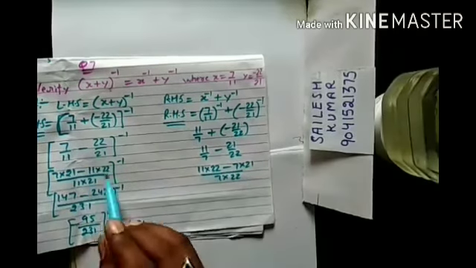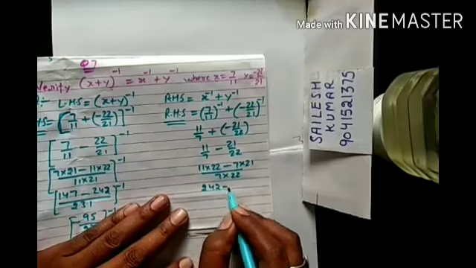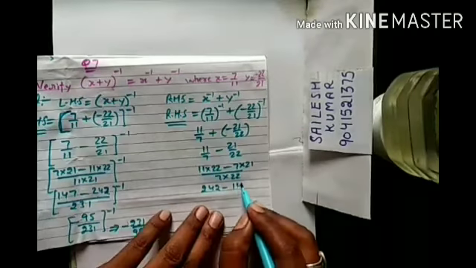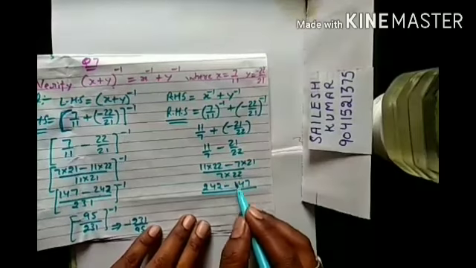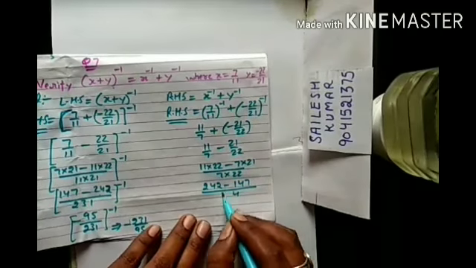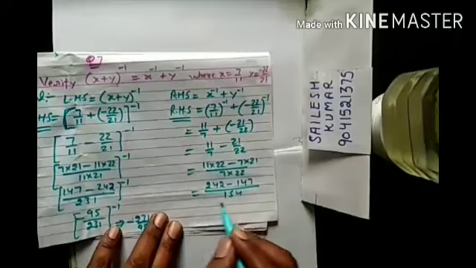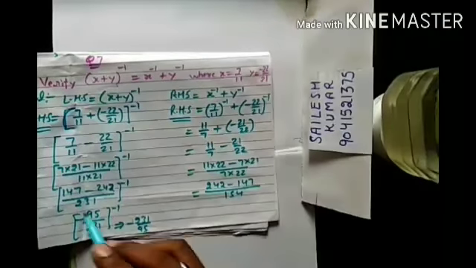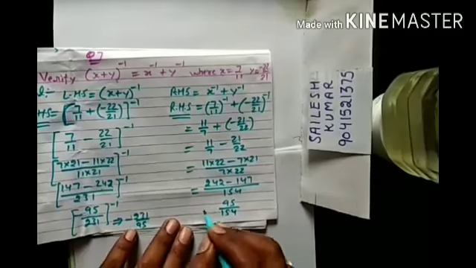So 11 multiply 22 is 242, and this is minus 147, and 7 into 22 is 154. The answer is 242 minus 147, that is 95 over 154.